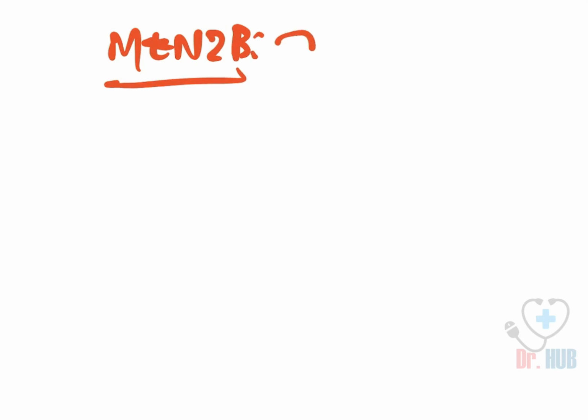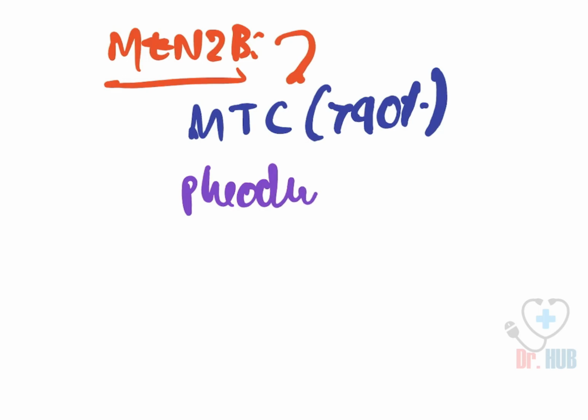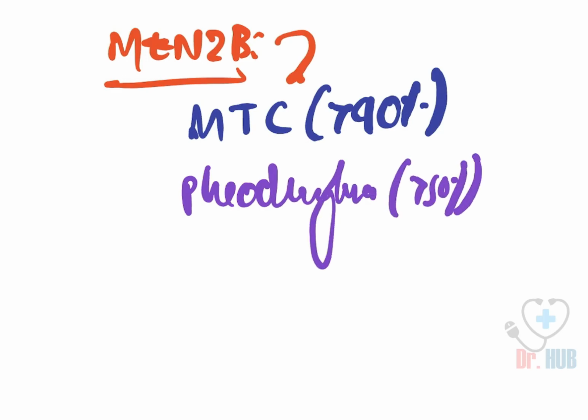The next question was the associated conditions with the MEN 2B. Here in case of MEN 2B, there is the medullary thyroid carcinoma, which we saw is greater than 90%, and then the pheochromocytoma, which was greater than 50%.